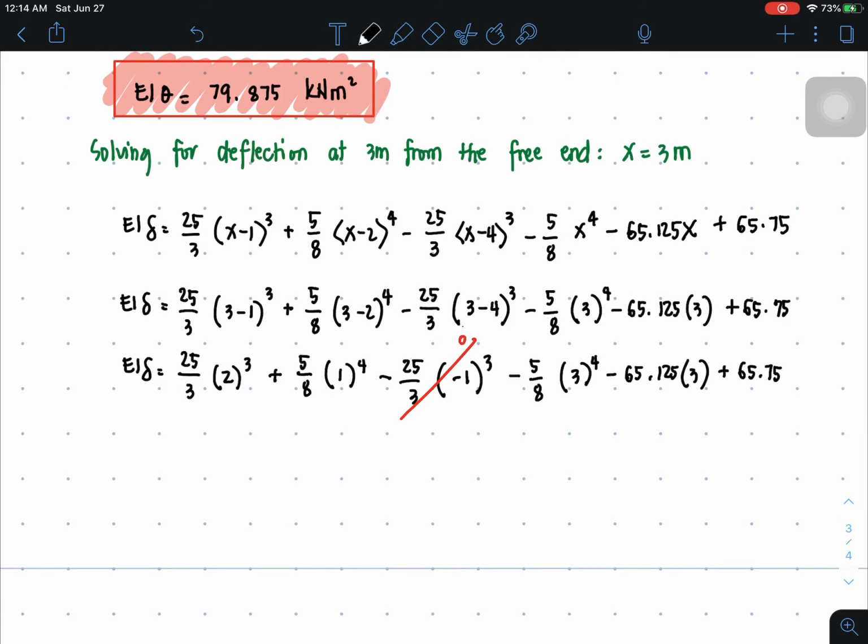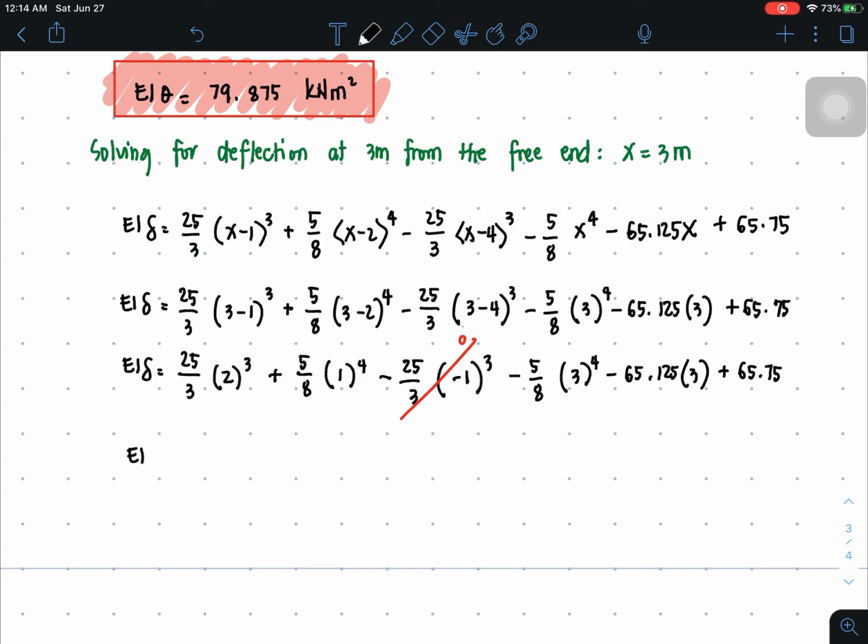Okay, so with our calculator, we can compute now that 25 over 3 times 2 cube plus 5 over 8 times 1 to the 4th power minus 5 over 8 times 3 to the 4th power minus 65.125 times 3 plus 65.75.